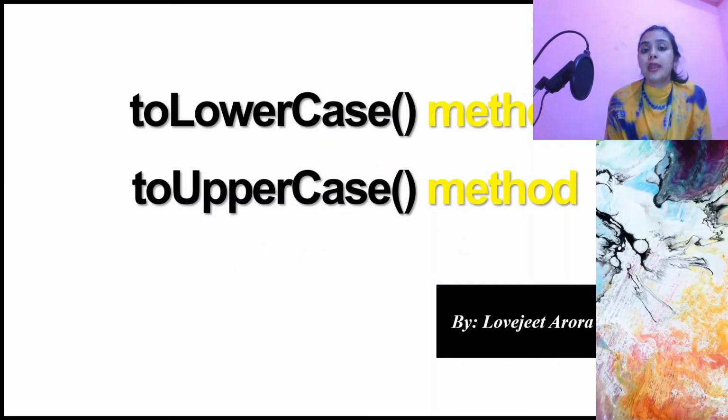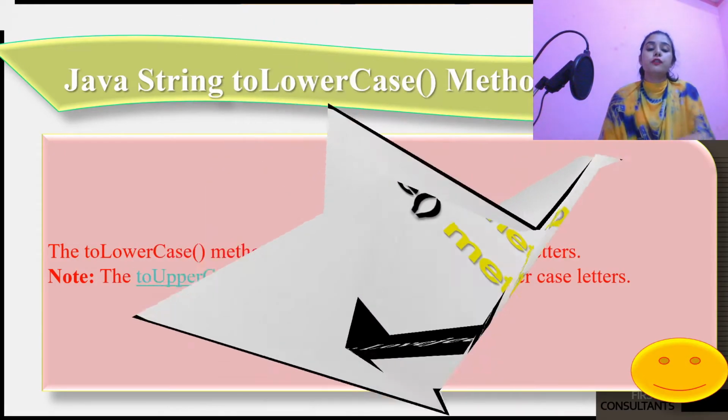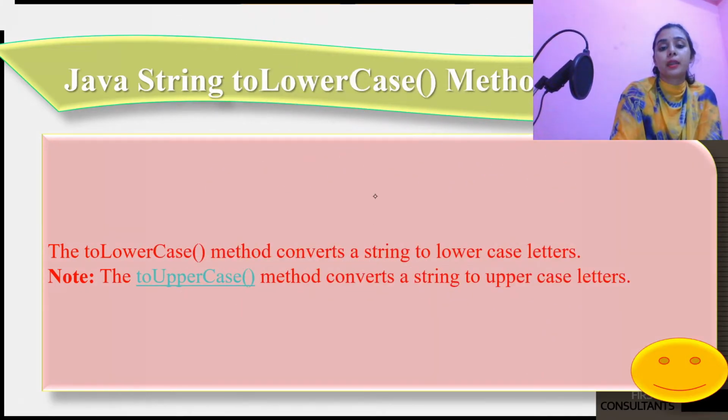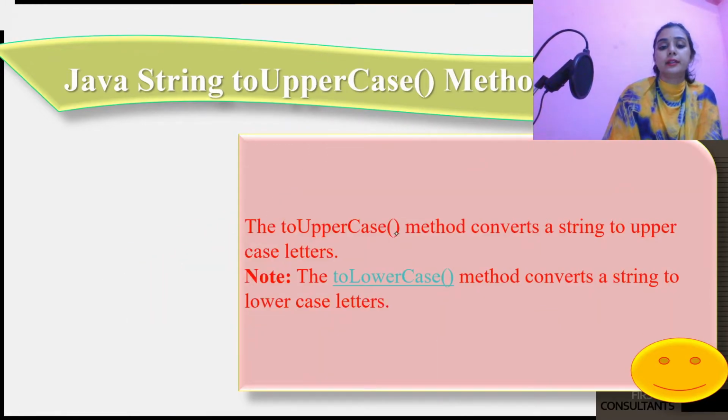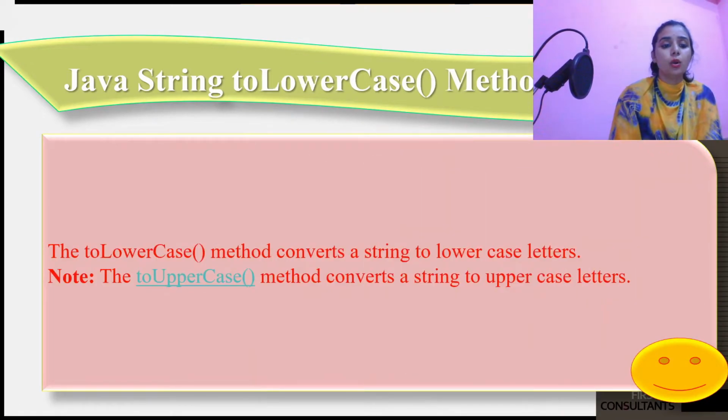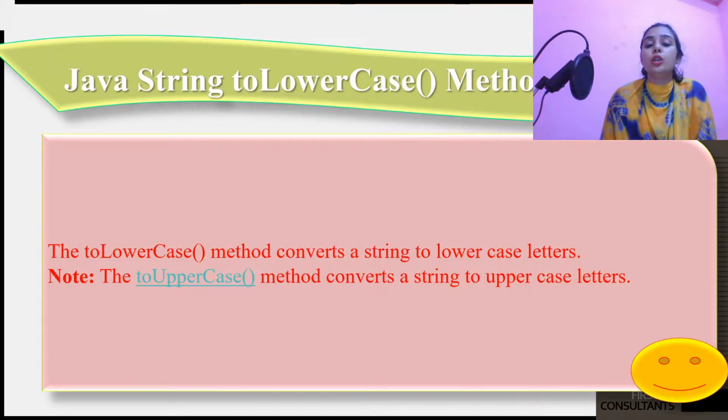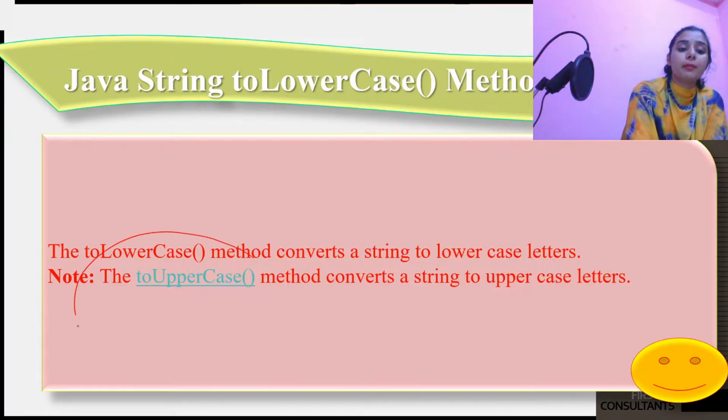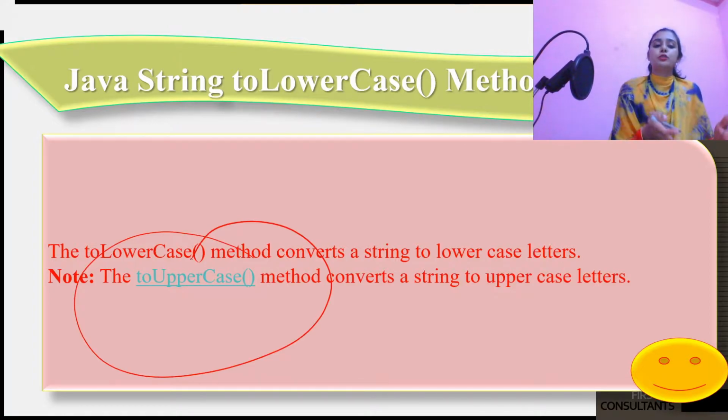Now we are going to start a few functions related to string handling, the toLowerCase method and the toUpperCase method. First of all, let's see the definition. The lowercase method is used to convert a string to lowercase. And the uppercase is opposite to that.